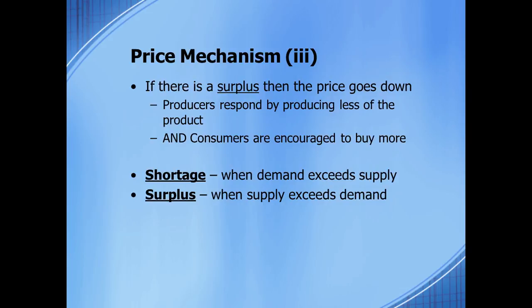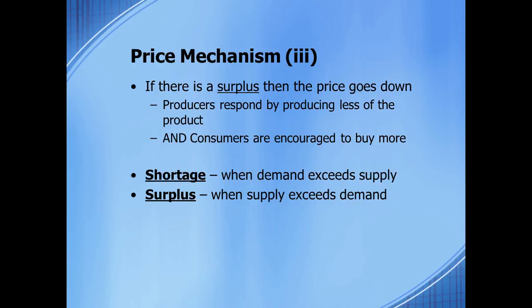If there's a surplus, then the price goes down. So producers respond by producing less of the product, and the consumers are encouraged to buy more. So a shortage is when demand exceeds supply and a surplus is when supply exceeds demand.